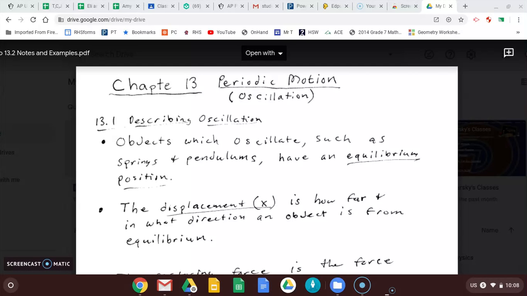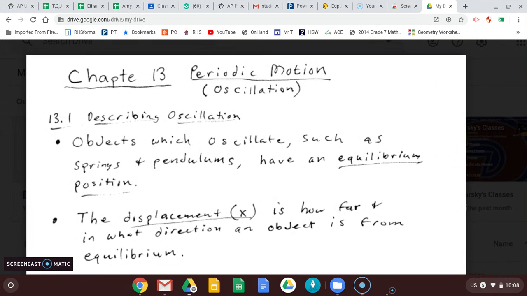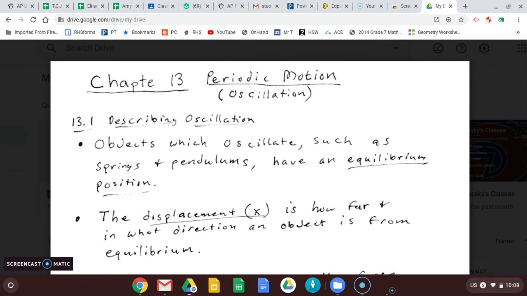Okay, guys, I'm going to go over the notes to section 13.1 that I have posted. Just to remind everybody, these are taken from the online version of the textbook, since most of you probably did not bring home your actual textbook.